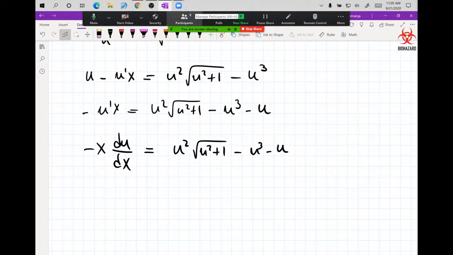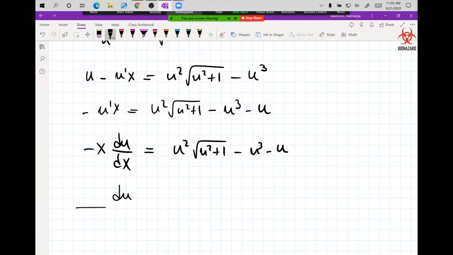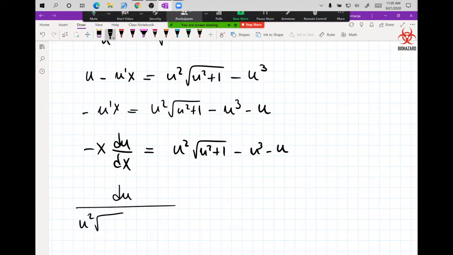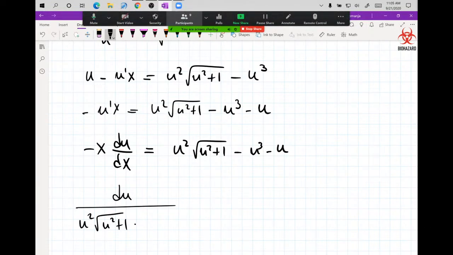Then separation of variables would give us du over u squared square root of u squared plus 1 minus u cubed minus u is equal to negative 1 over x dx. The right hand side is very easy: negative ln absolute x.